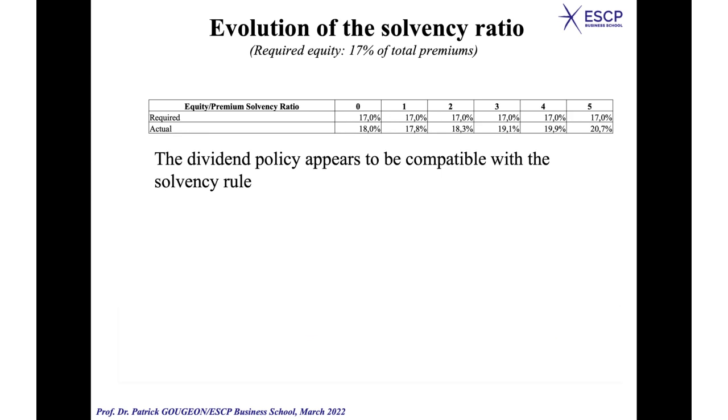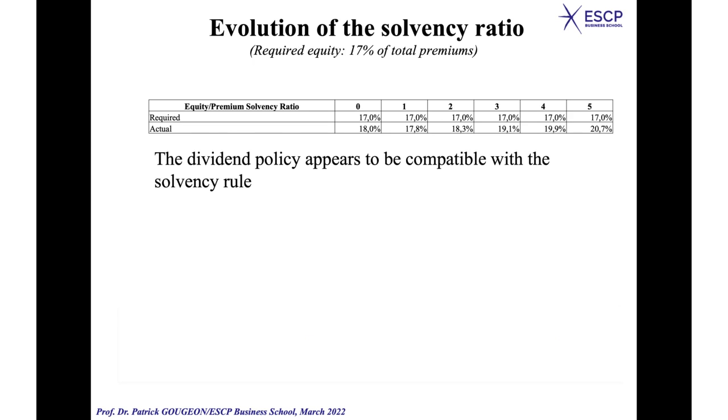But let's assume to start with that there is a required equity, a kind of capital adequacy rule, which says that the equity should never be below 17% of total premiums. If we take our simulation, what is the value?